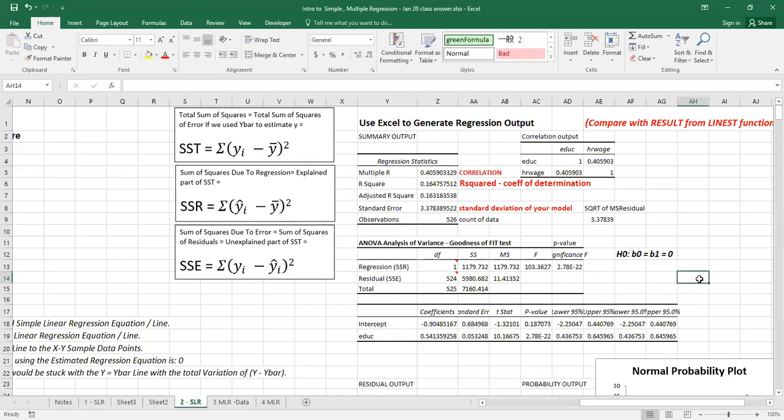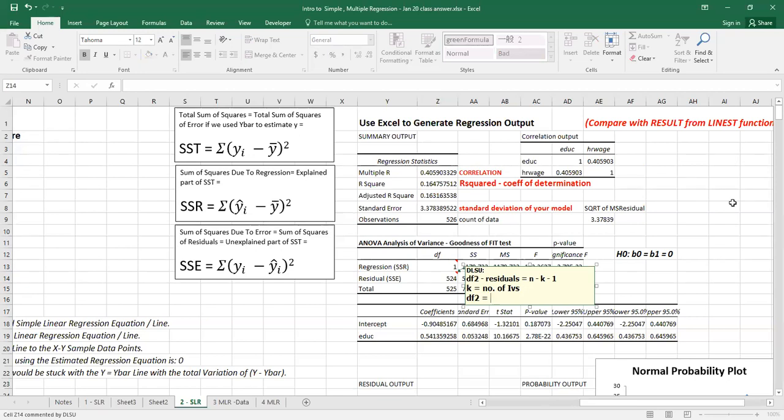So how did you get this, guys? Ilan ba yung n natin? 526, di ba? Ito. Edit natin to. So this is equal to, therefore df2 is equal to, n is your number of observations, 526, diba?